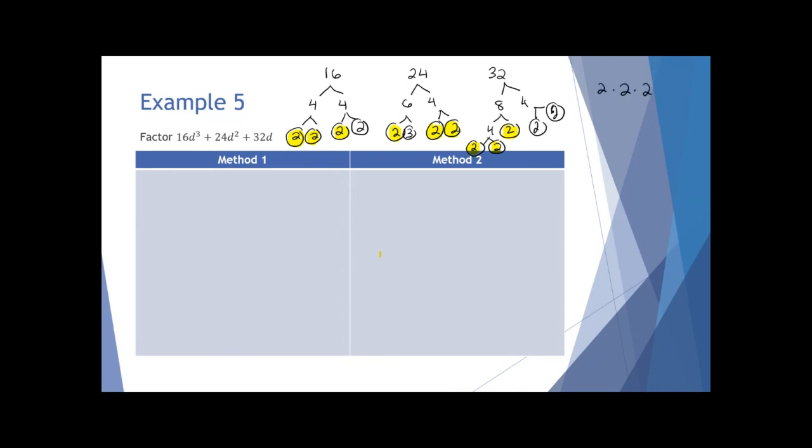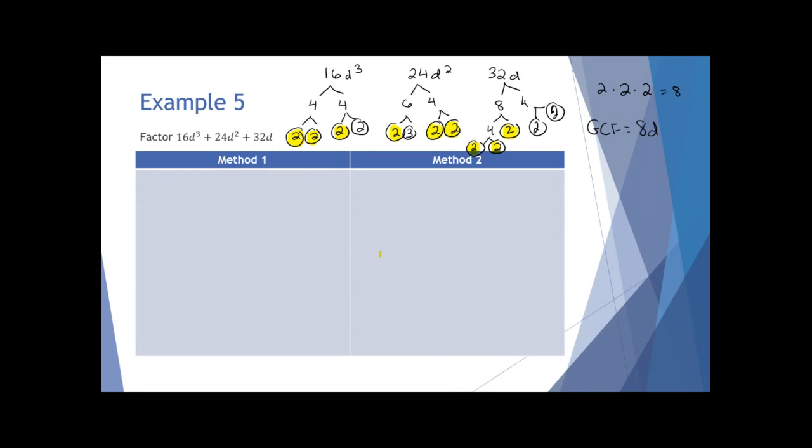So that's going to be 8. And so my GCF out of 16d cubed, 24d squared, and 32d is going to be 8. And then when I look at the exponents, the smallest exponent is on the d, so the GCF is 8d.